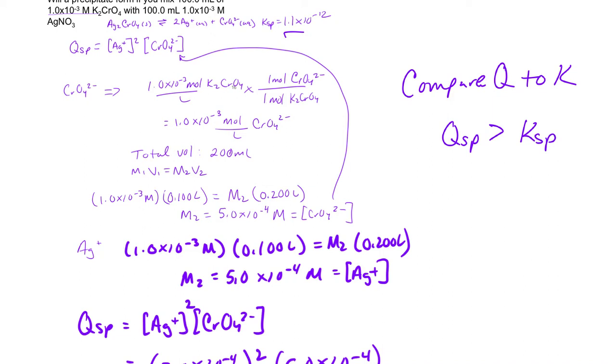And so in order to reach equilibrium, are we going to form reactants or products? Reactants. Yep. Q is greater than K. That means we currently have more products than are needed to reach equilibrium. So we're going to form reactants, which means that a precipitate does form.